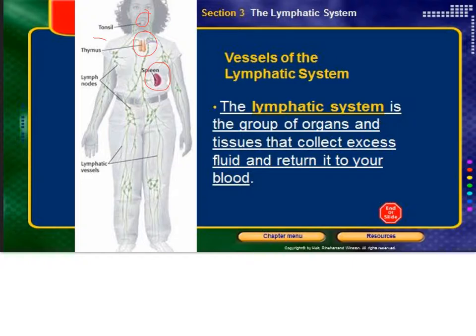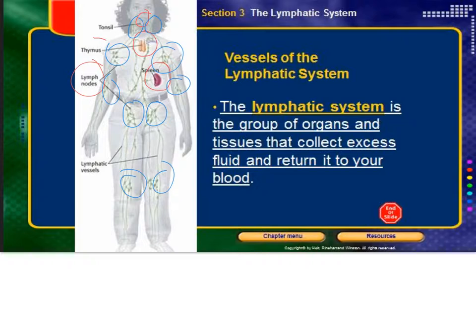You have lymph nodes throughout. All these green, they're always described as bean-shaped masses, are called lymph nodes, and they are concentrated in your neck, your armpits, your groin, your elbows, and your knees.